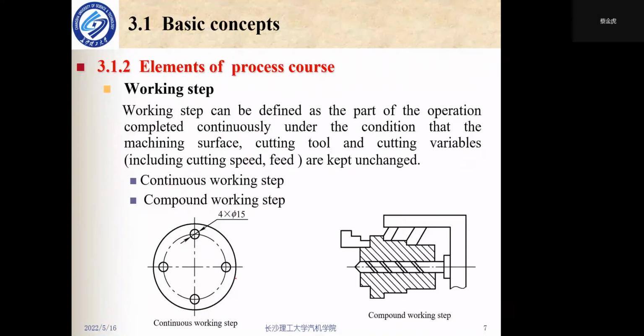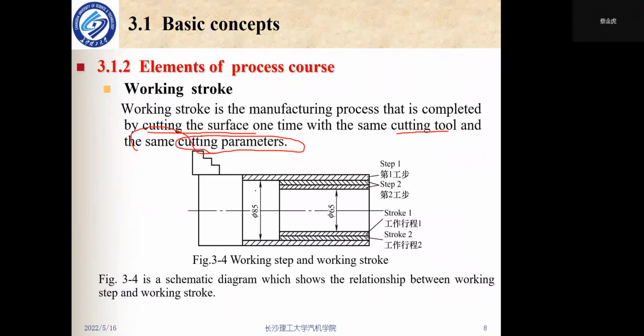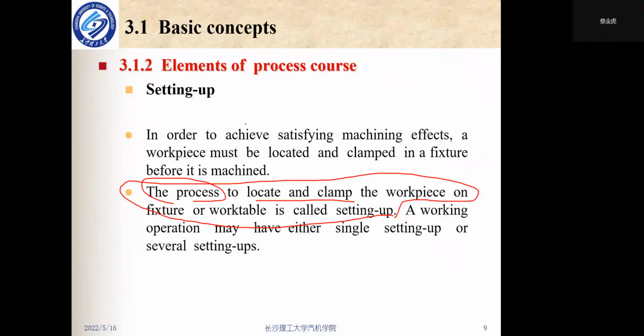And the elements of process course include working step, which can be continuous working step and compound working step, and also working stroke. It is the manufacturing process that is completed by cutting the surface one time with the same cutting tool and the same cutting parameters. Working stroke and setting up.